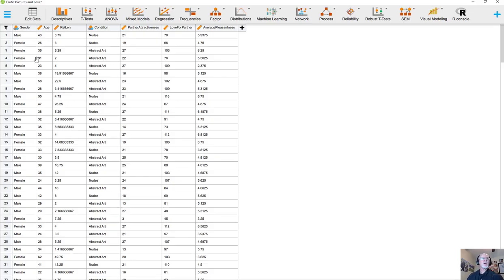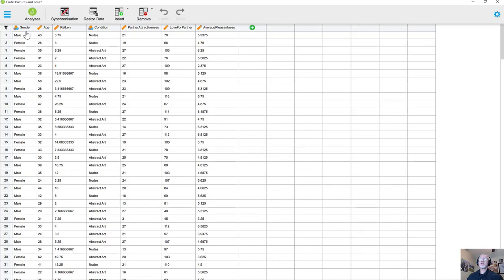Okay. One thing I want to do is to make clear the levels of the variable. You'll notice that JASP does not insist that you have numbers. It's my habit to put numbers in for variables like condition or gender and then to label them, but you don't have to.